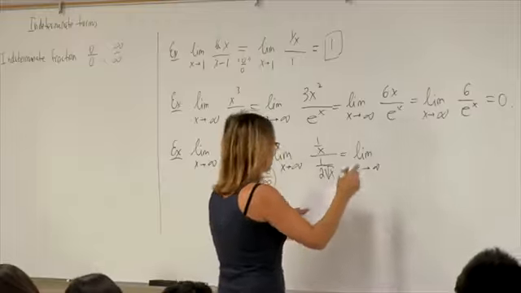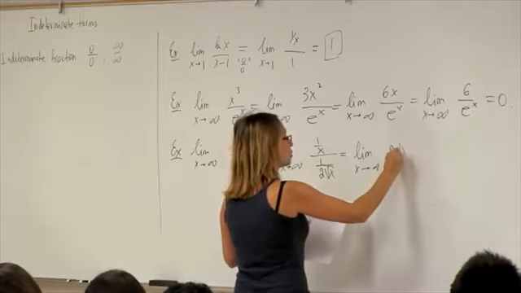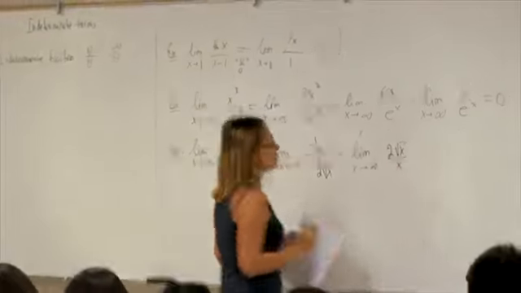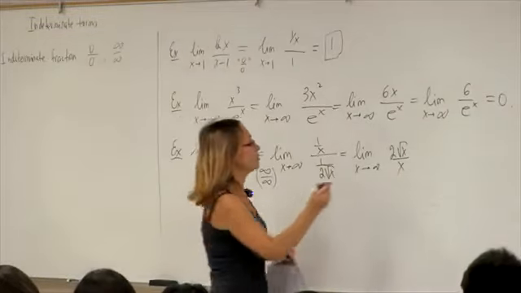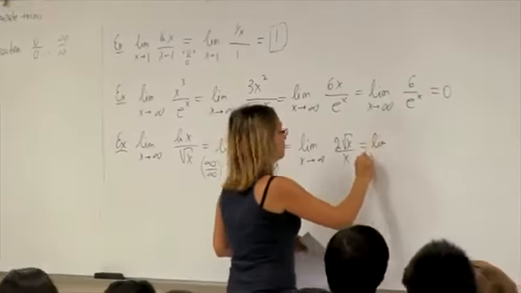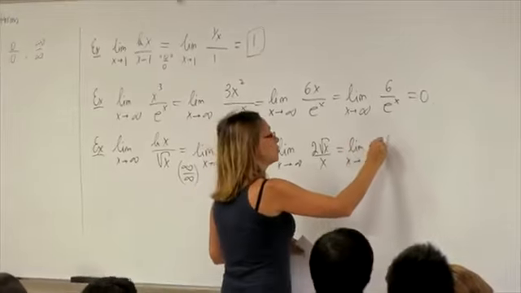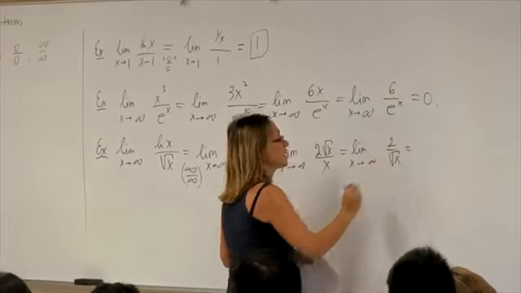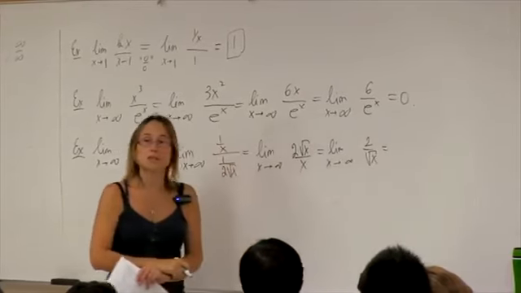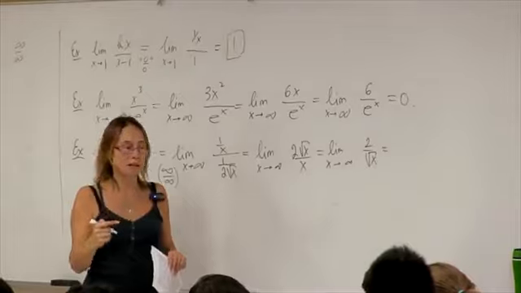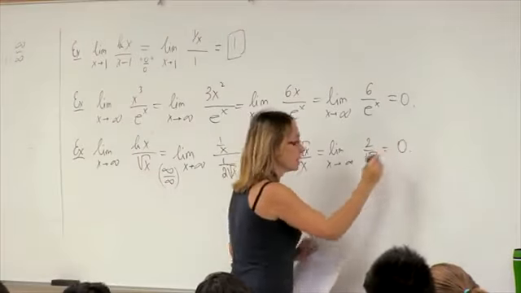This gives me 2 square root of x divided by x. And we can simplify further: 2 over square root of x. What's the answer? 0, because it's 2 over square root of x, and x goes to infinity. The answer is again 0.